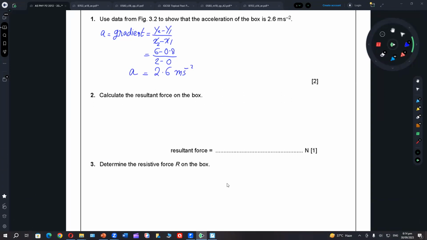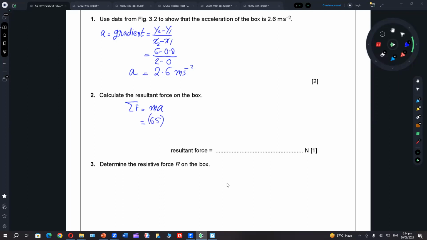Then calculate the resultant force on the box. Resultant force is always equal to mass times acceleration, yes, m times a. The mass is 65.